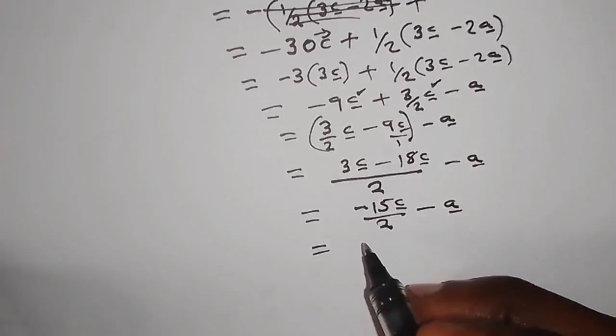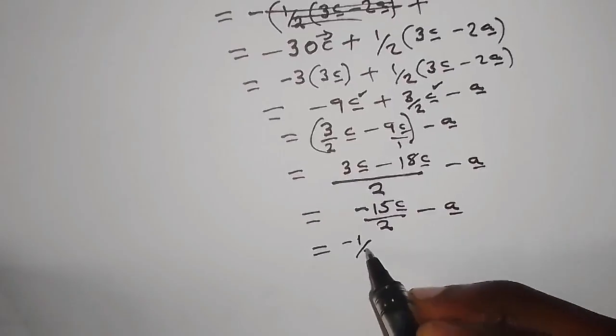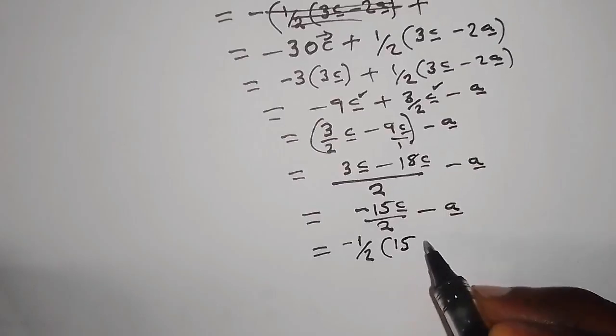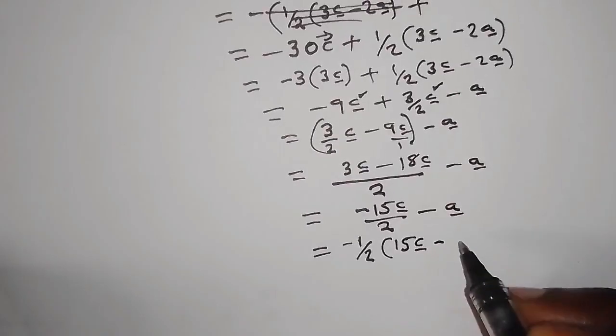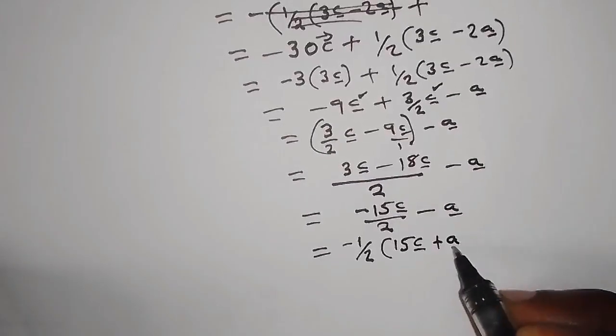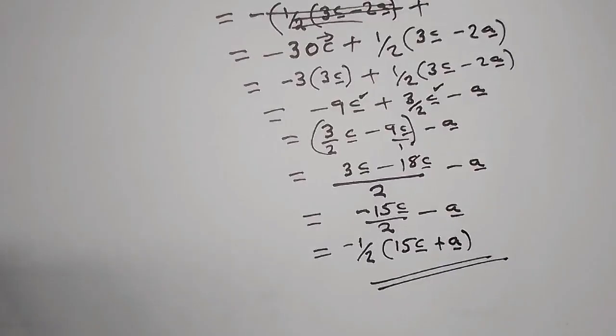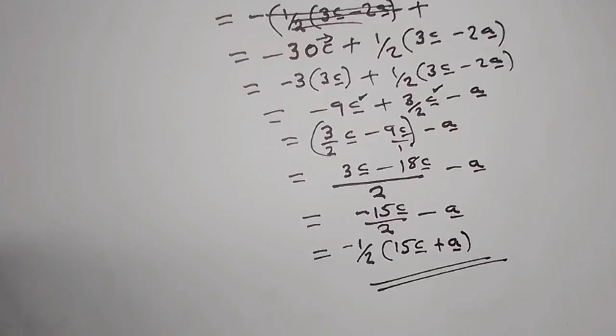You can just say negative half is common, then 15 vector C plus A, just to make it look nice. So that is where you can just end.